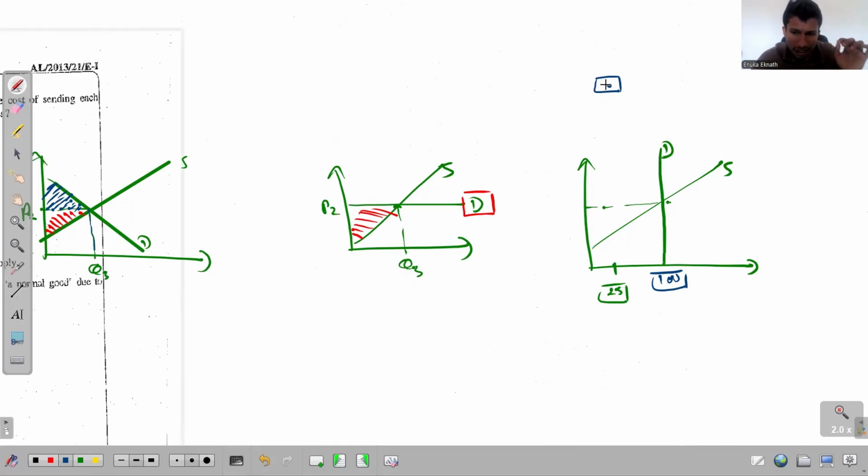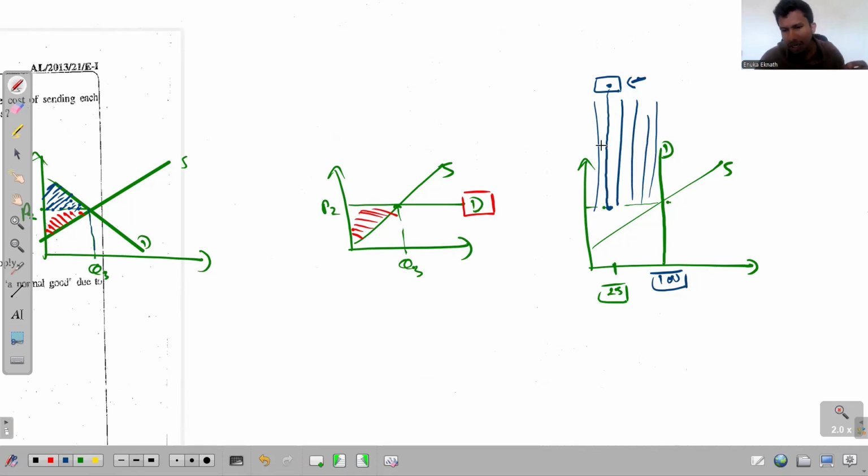Then this infinity is the price that the consumer is willing to pay. And this is the price that he really pays thanks to this market equilibrium. So this difference between infinity and the price that he really pays is the consumer surplus. So what happens when the demand becomes perfectly inelastic?